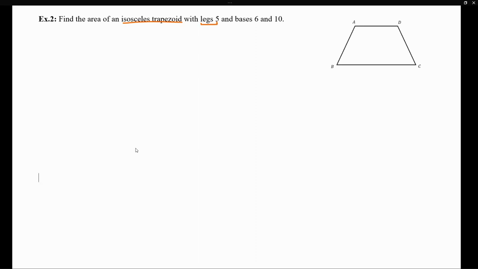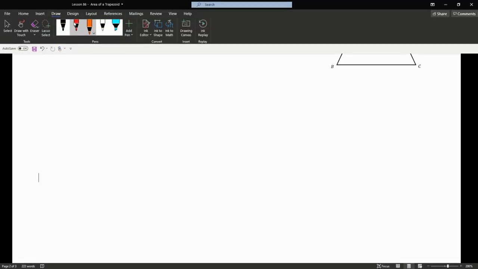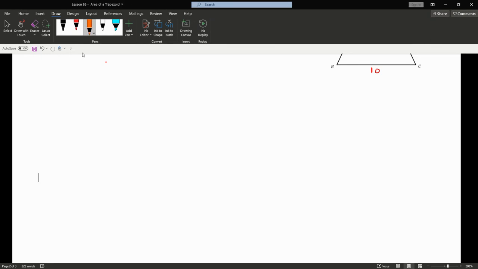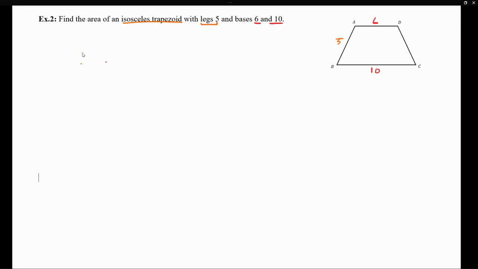Remember that the legs are the left and the right. And it has bases of 6 and 10. Well, 6 is the shortest, so 6 is on the top, 10 is on the bottom. Since this is an isosceles trapezoid, the legs are equal to each other. So if one leg is 5, then this leg is 5 as well.